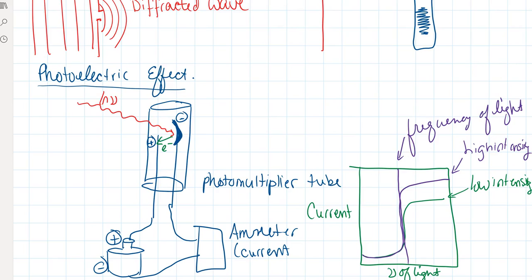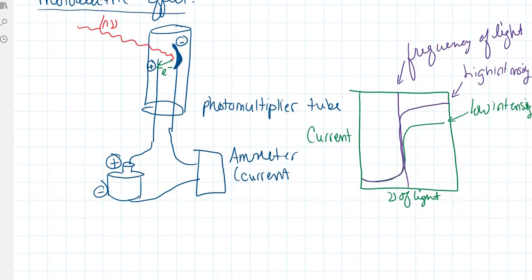Based on the current and all that other good stuff, they came up with a relationship saying that the energy has to be equal to some constant times the frequency. What this allowed us to do is start thinking about light as not only a wave, but also as a particle.